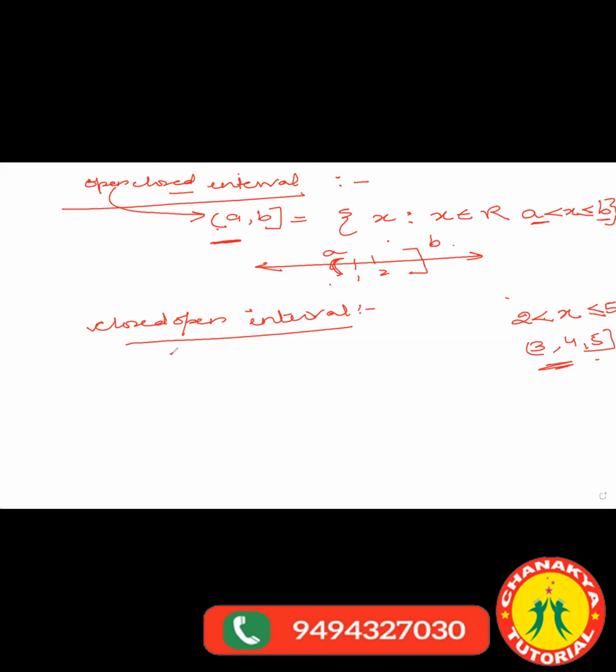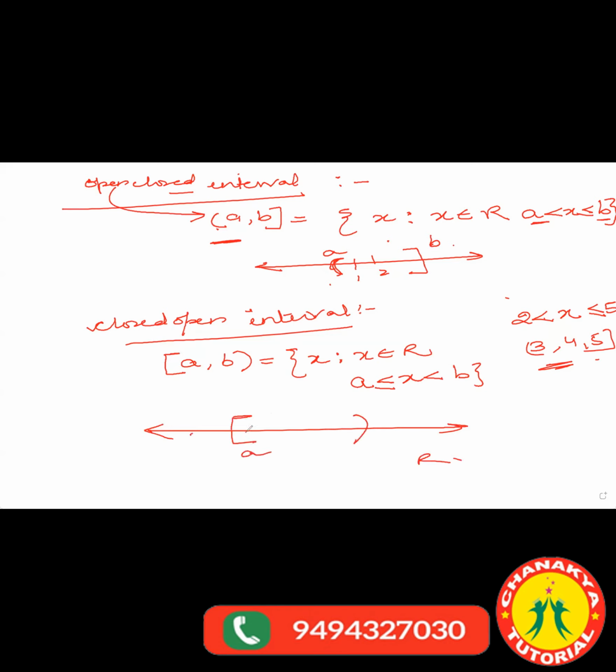Now closed open interval means this bracket will be closed, A, B. So how will you define this closed and open interval? X such that X belongs to R, then A is less than or equal to X and less than B. Clear, beta? Right? So on number line, this bracket will be closed and this will be open. It means it will include A, but not include B. Clear?